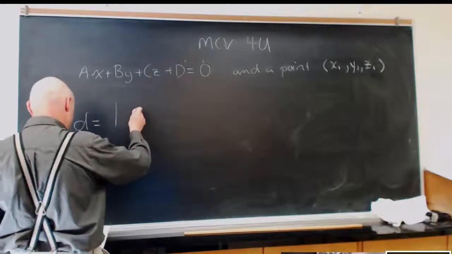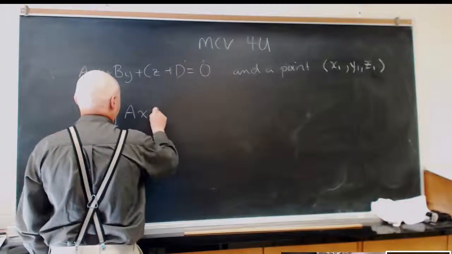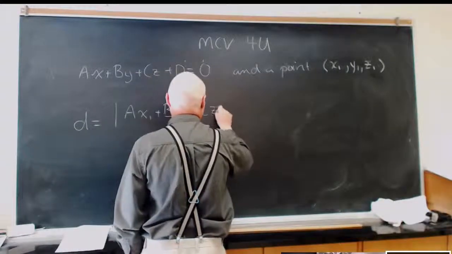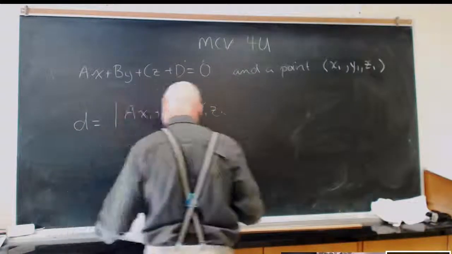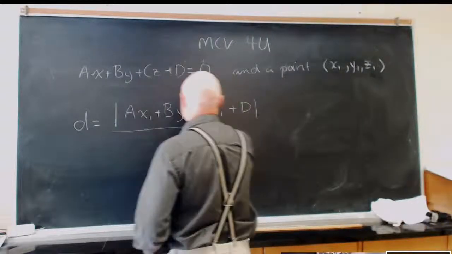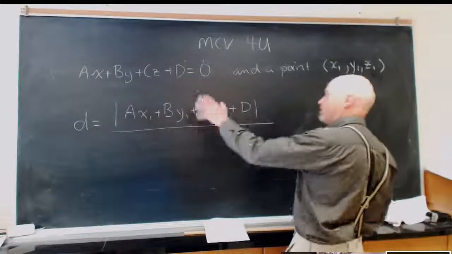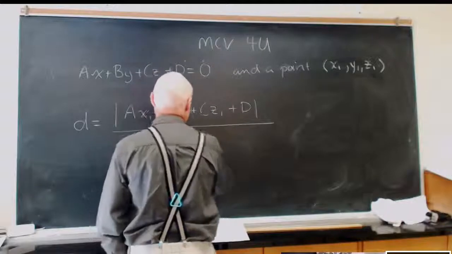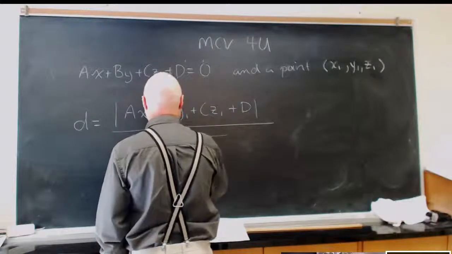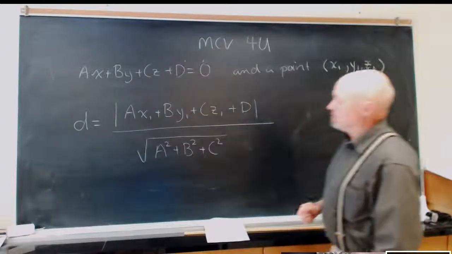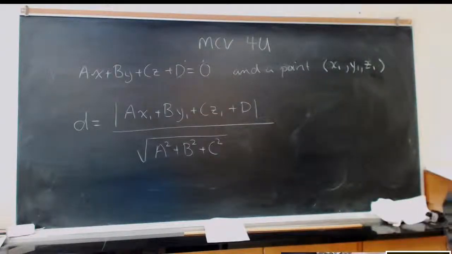So you use the absolute value of the whole left side of that equation, basically, over the magnitude of that normal vector.